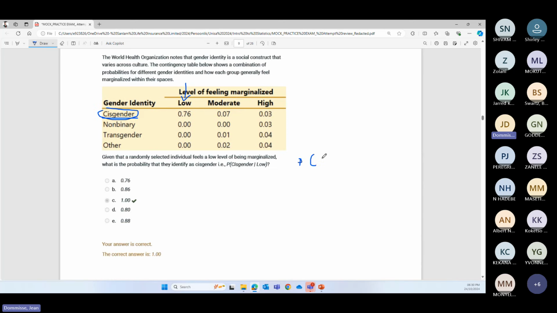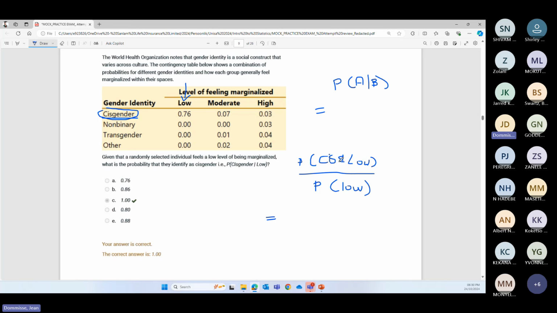So it's the probability of cis and low divided by probability of low. So that is how we would have written it if we had probability A given B. We would have said it's probability of A and B divided by probability of B.